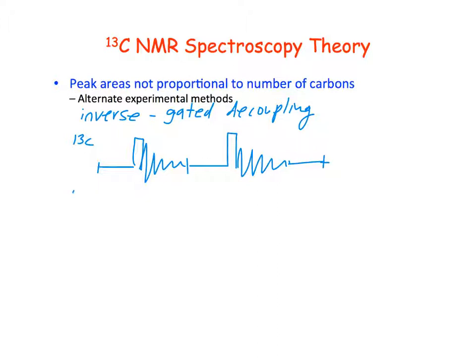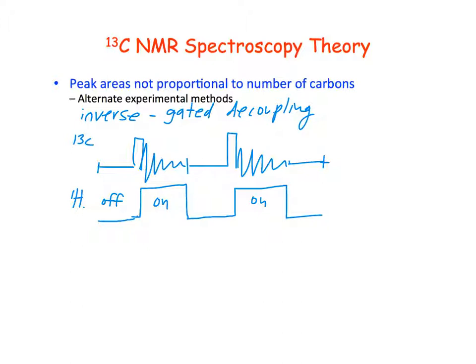Okay, on the proton channel, though, in inverse gated decoupling, what we do is we turn the decoupler off during the pre-acquisition delay, but we turn it on during acquisition. So this is on, this is off. We turn it on during acquisition and then back off.